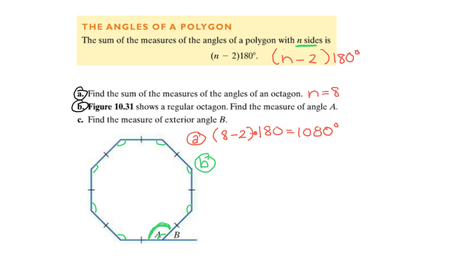The measure of angle A is going to be found by taking the sum of all the angles, 1080 degrees, divided by the number of sides of this polygon, which is 8. And each angle will be 135 degrees. Therefore, the measure of angle A is equal to 135 degrees.